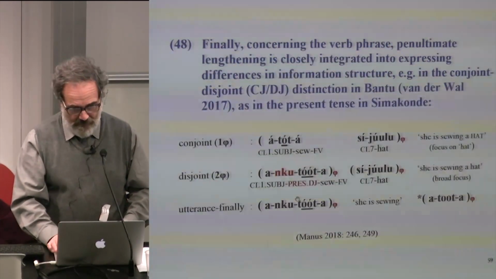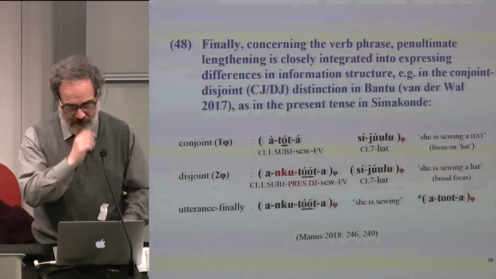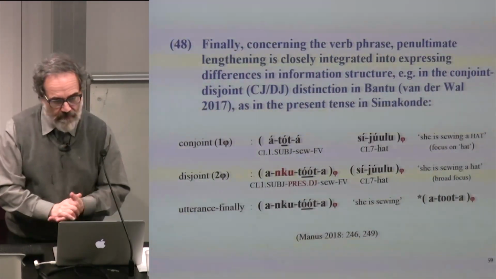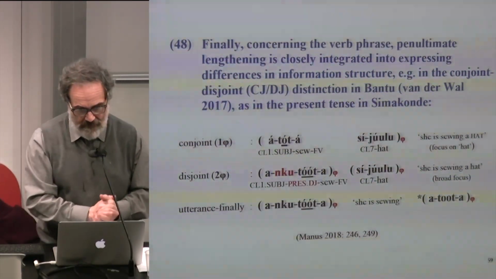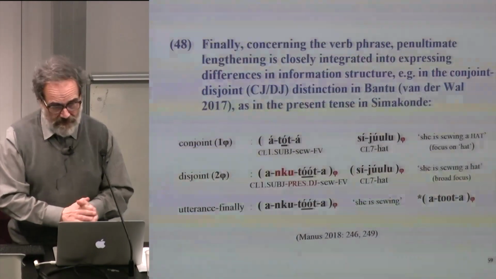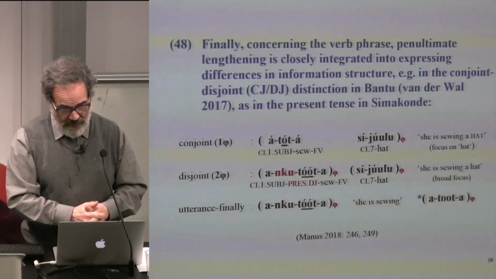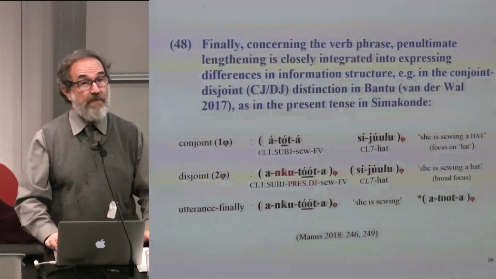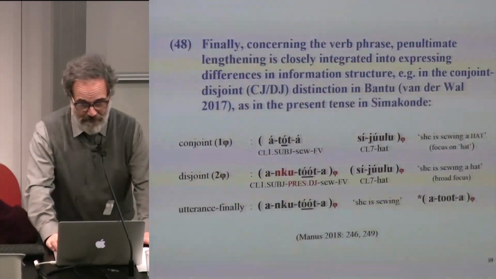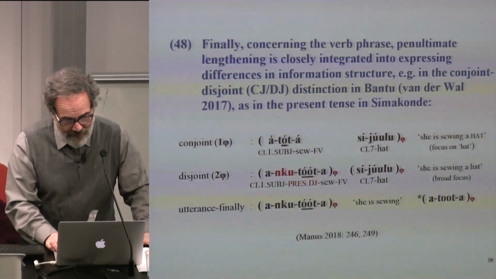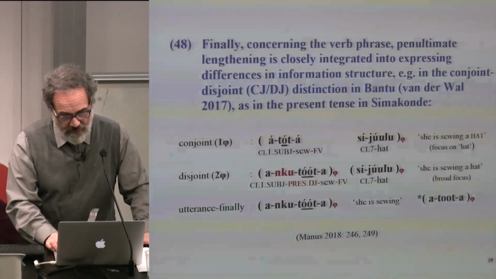Okay? Finally, concerning the verb phrase, penultimate lengthening is closely integrated into expressing differences in information structure in the so-called conjoint-disjoint distinction in Bantu. For example, in the present tense in Sima-Konde, now I'm back to Sophie Manus's dialect, you can see the conjoint, the shortened vowel.